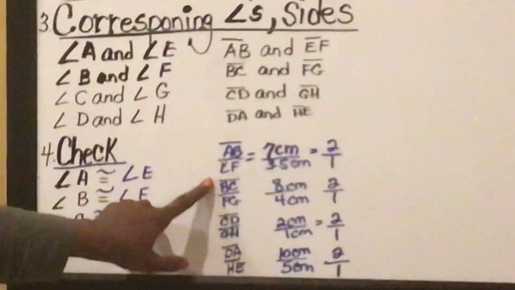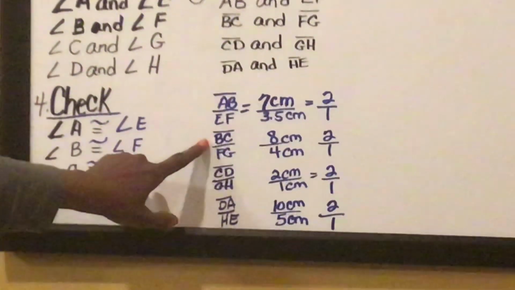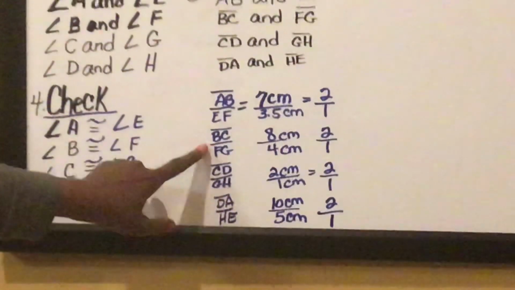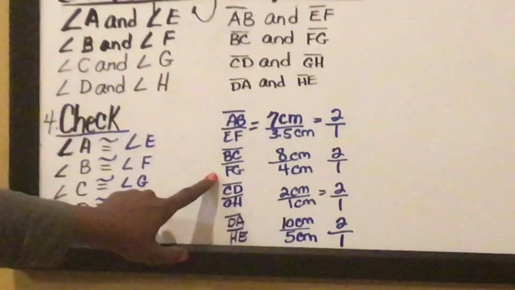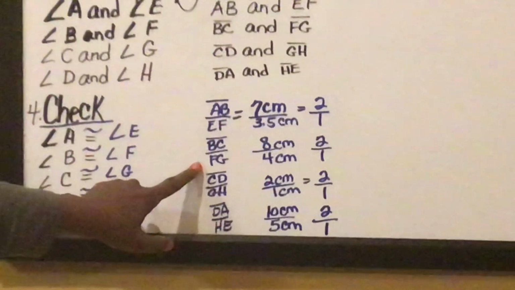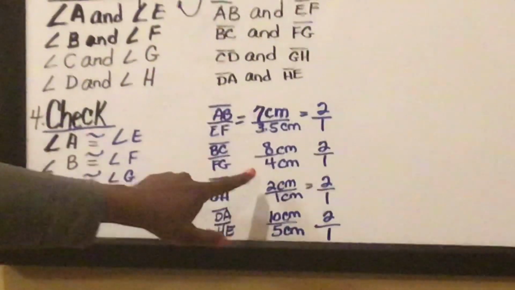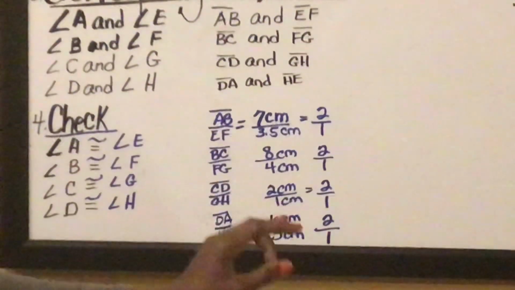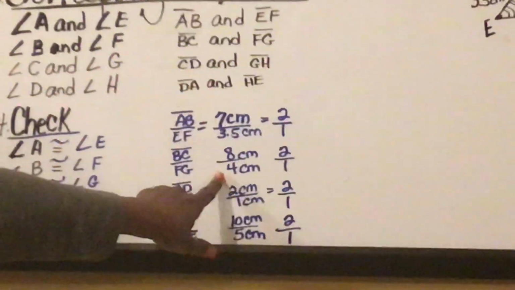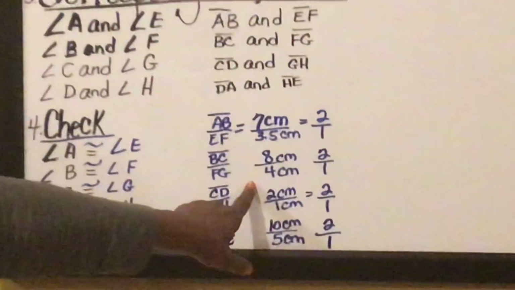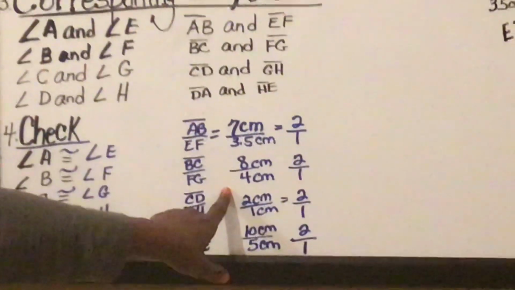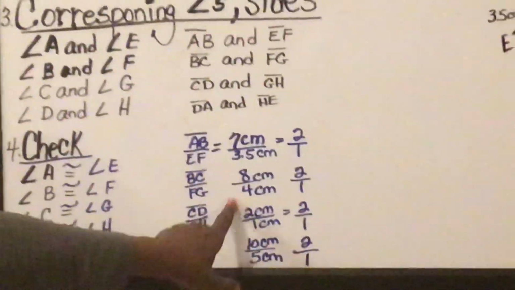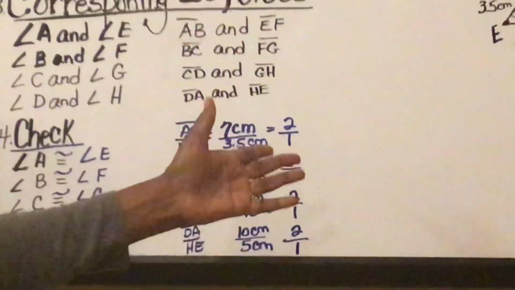I hope my cameraman is getting a little bit closer so you can see that. So side BC and side FG has a length of 4 centimeters. If we reduce that ratio by dividing both by 4, then they both have that same ratio, which would be 2 over 1, which would be 2.